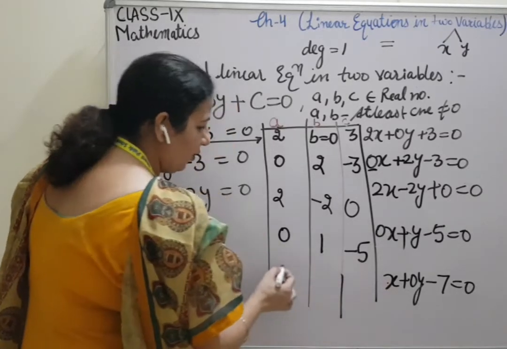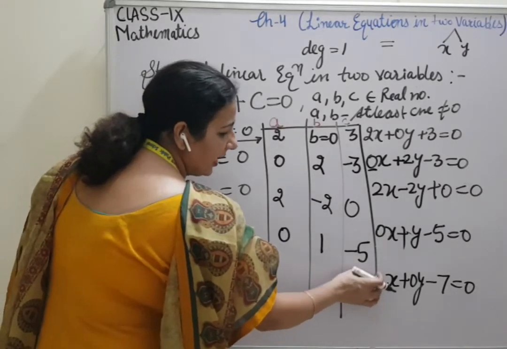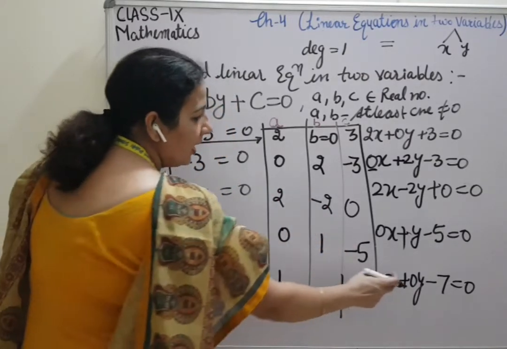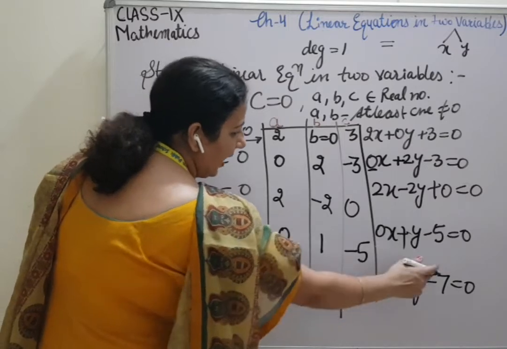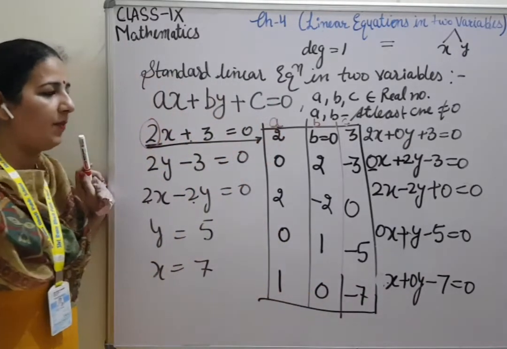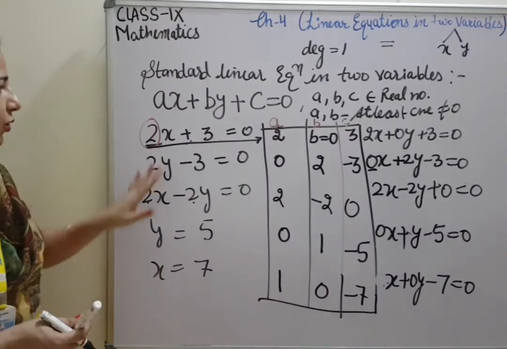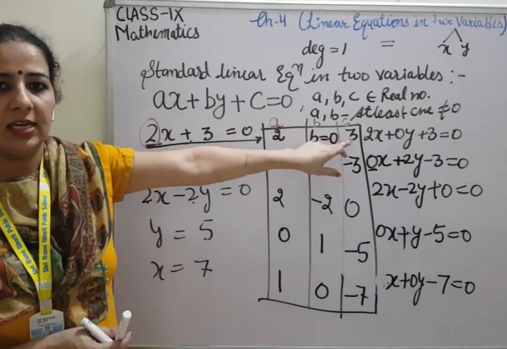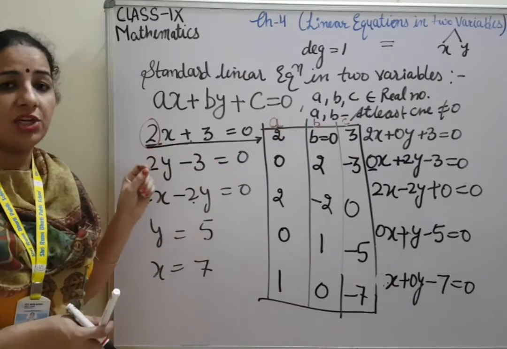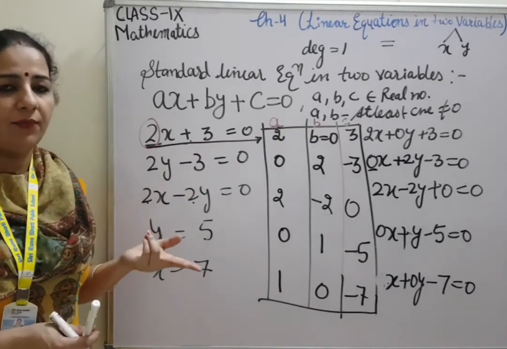So what is the value of A here? Nothing is here. It means 1 will always be there. So 1, 0, and the last one is minus 7. So what we have learned from here, for calculating the values of A, B and C: the question can come for 1 mark or for 2 marks.